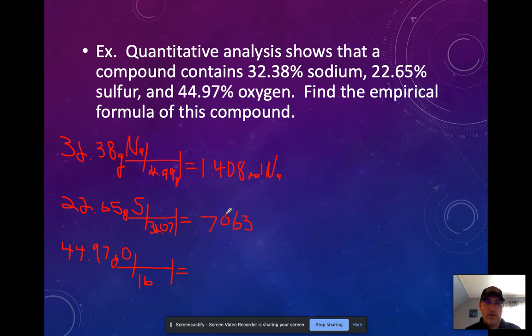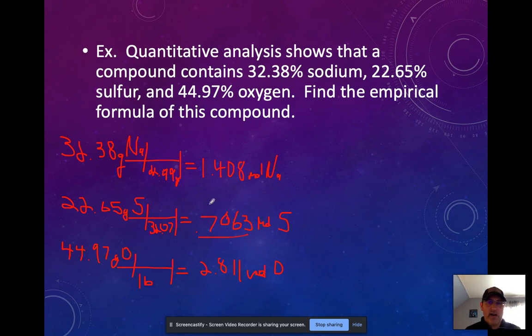That's moles of S. And then 44.97 divided by 16 is 2.811. Okay, moles of O.